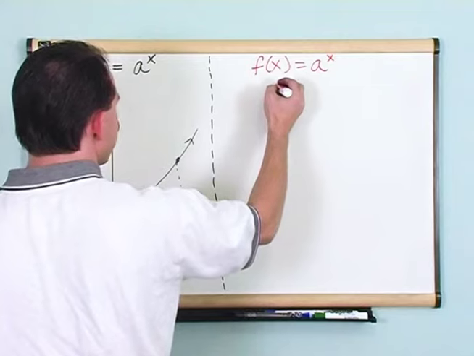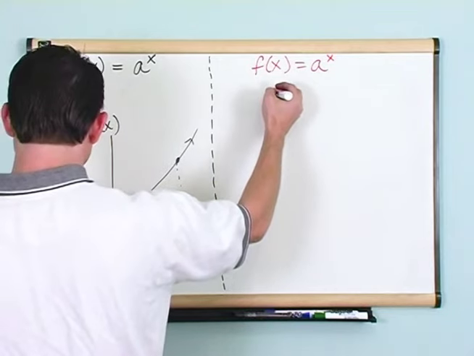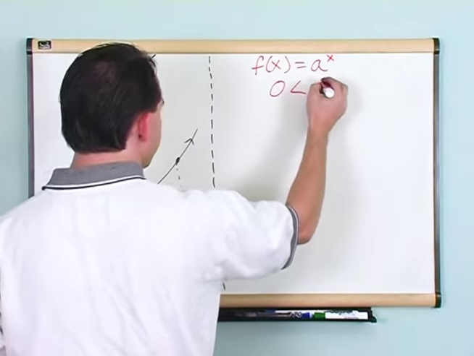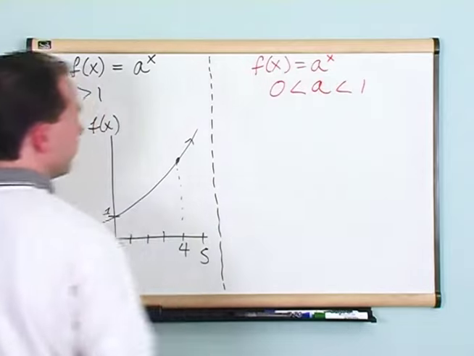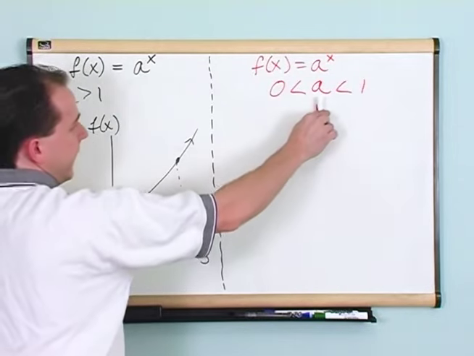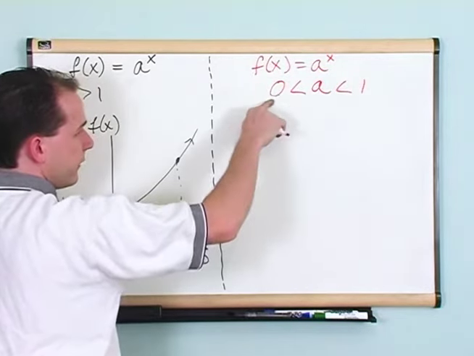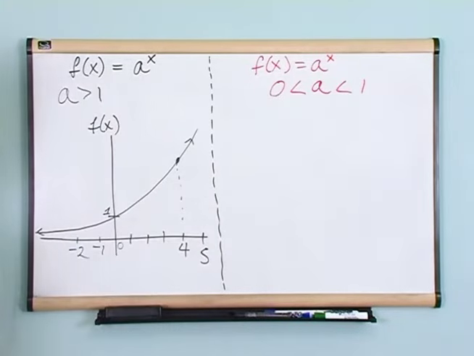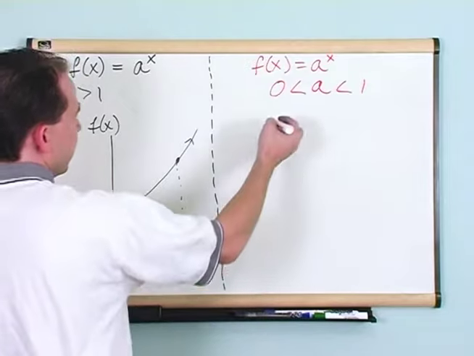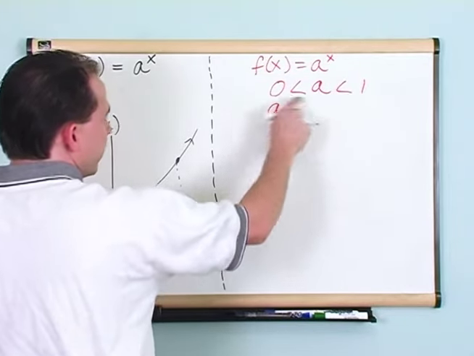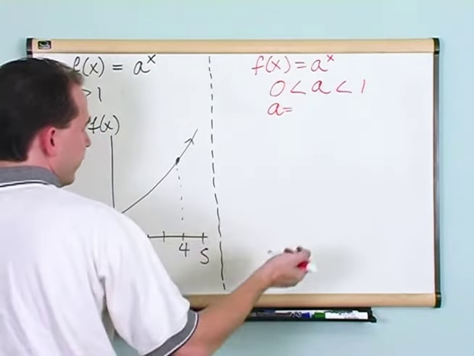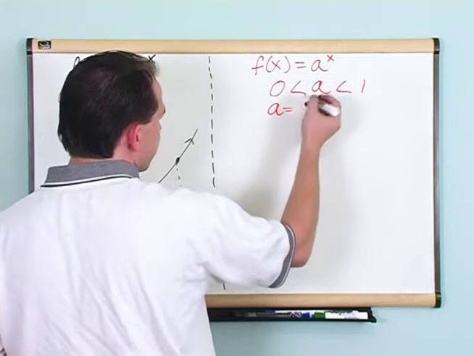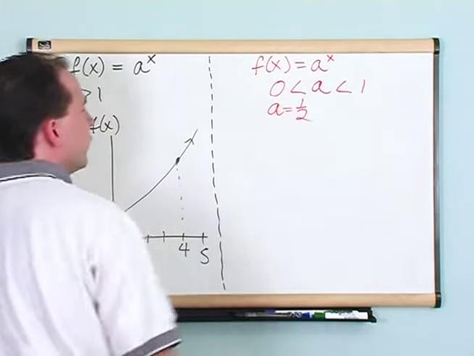The only difference is we're going to say a is between 0 and 1. This means a is greater than 0 and also less than 1. So it lies between 0 and 1. What this means is that a could be any decimal between 0 and 1, like 1/2, for instance.